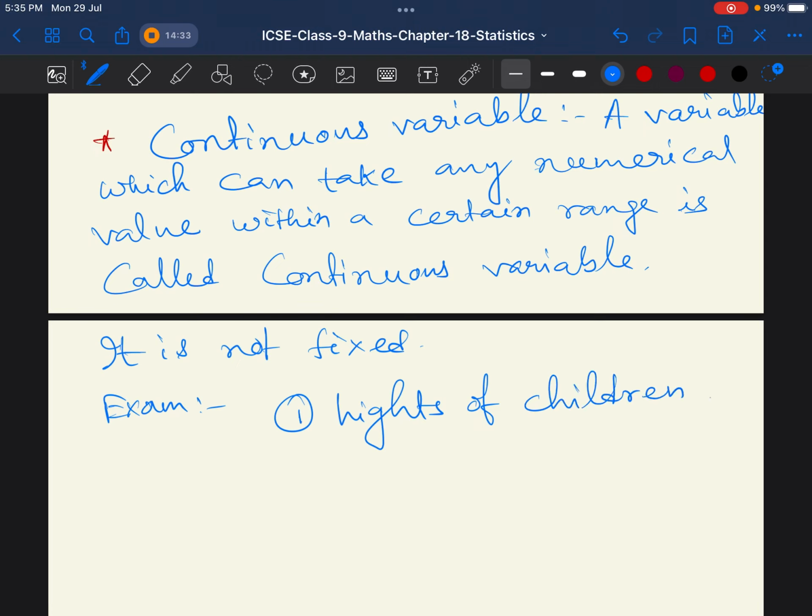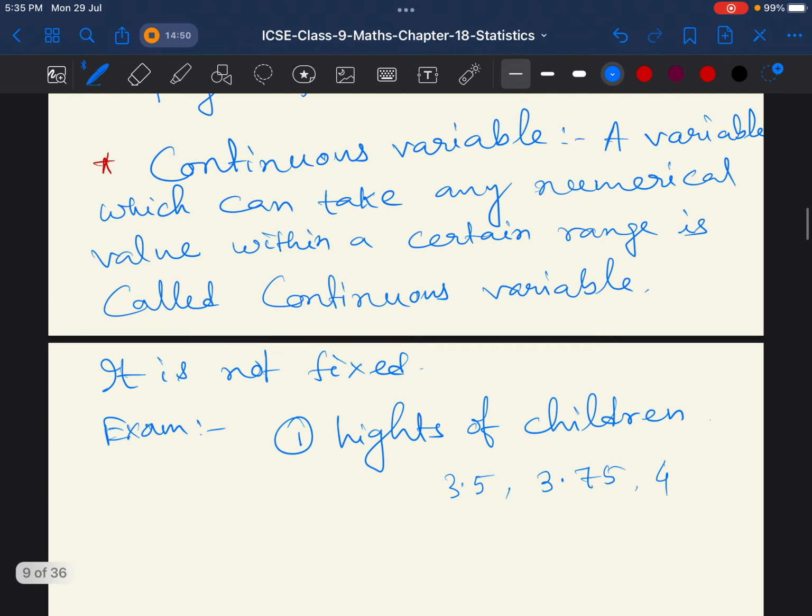Here you see height will be 3.5 feet, 3.75 feet, 4 feet. So height is the variable which is not fixed, okay, it is not a discrete number, it is a continuous number.